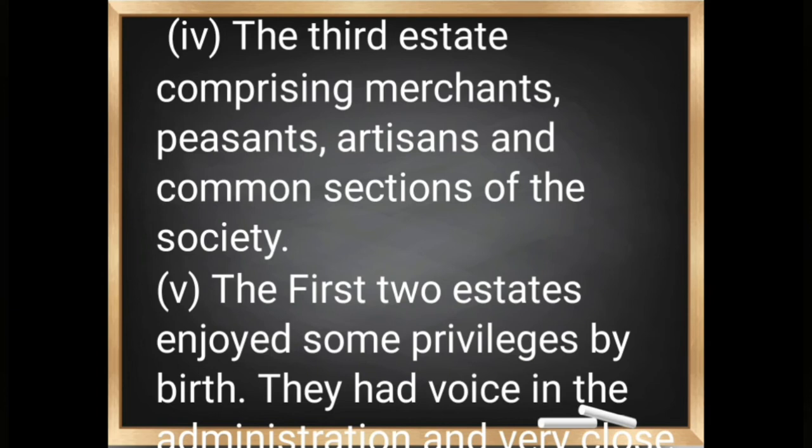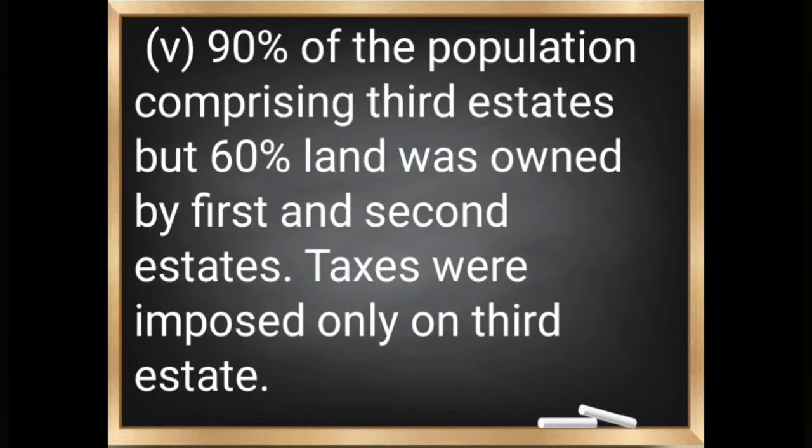Last point, the first two estates enjoyed some privileges by birth. They had a voice in the administration and were very close to the monarchs. 90% of the population comprised the third estate, but 60% of the land was owned by the first and second estates. Taxes were imposed only on the third estate.